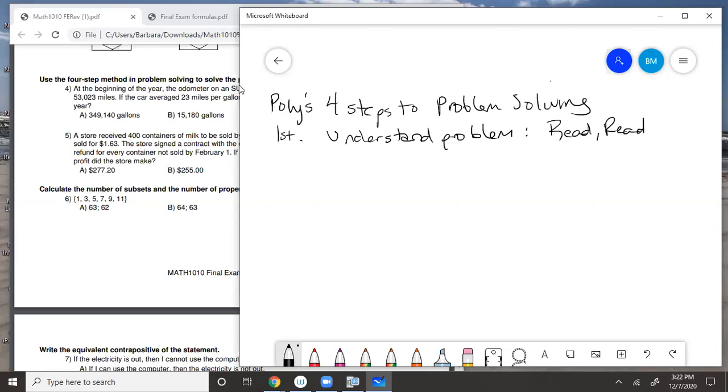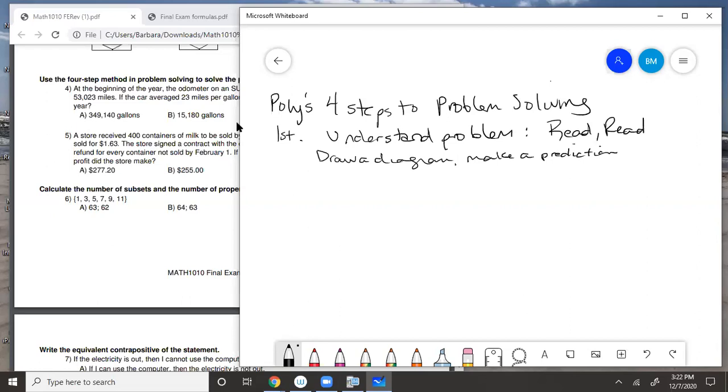And we read it a 3rd time if we need to, as many times as you need to understand. You might draw a diagram. You might make a prediction. It's whatever's going on in your head at the time to help you solve the problem. Everything that goes into understanding the problem is what you need to do to see what it's asking.